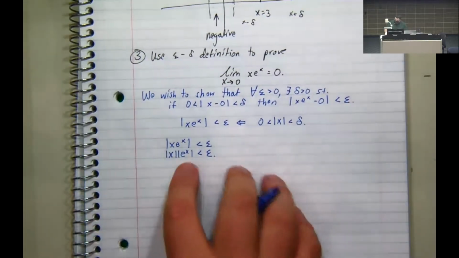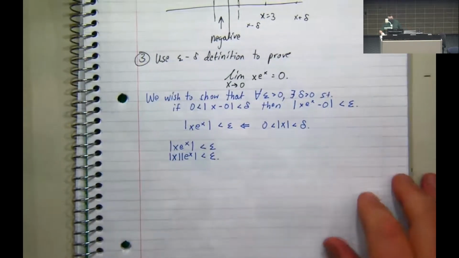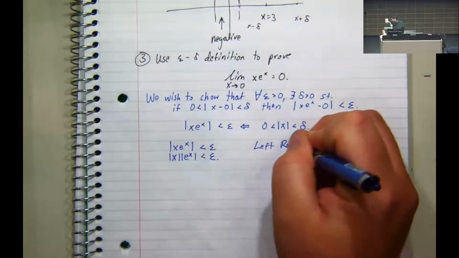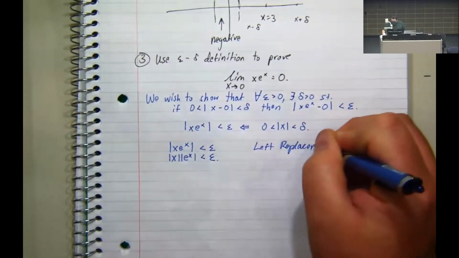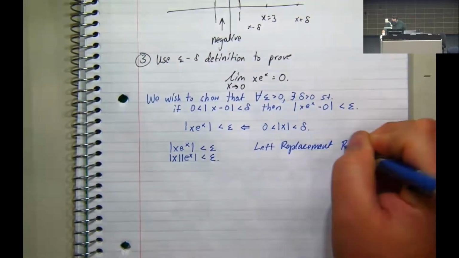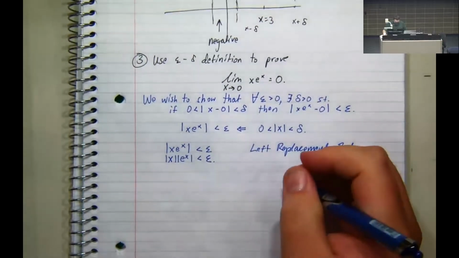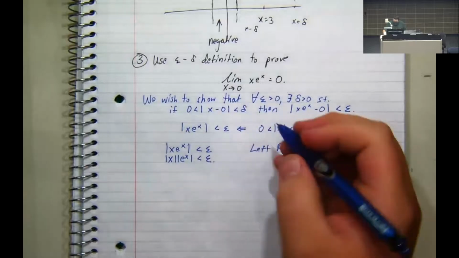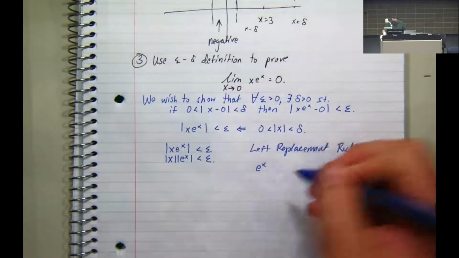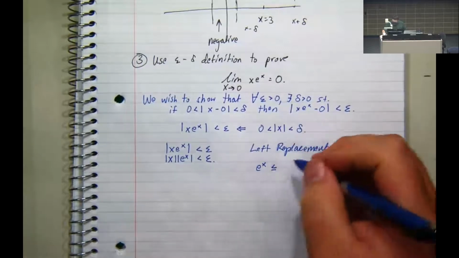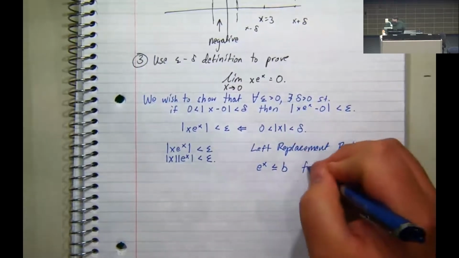So we're going to have to bound e to the x, and we're going to use the left replacement rule. Okay. So we're going to say e to the x is less than some value b, for some b.